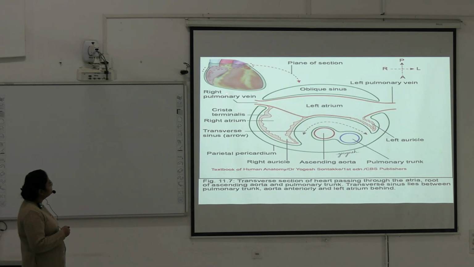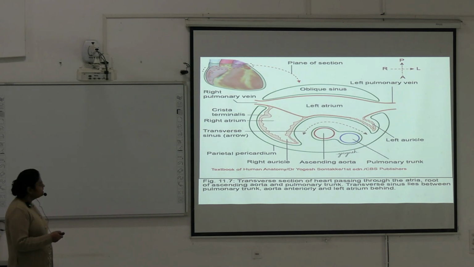See, these are the veins, right pulmonary vein, left pulmonary vein shown in this section. So this dotted line is showing the location of the transverse sinus. And the projection from this atrium, this small ear-like projection, these are the auricles.